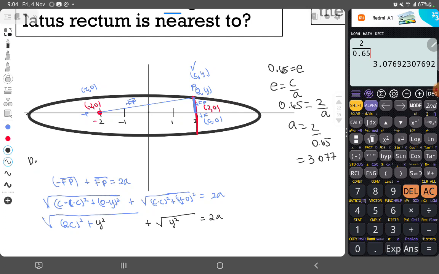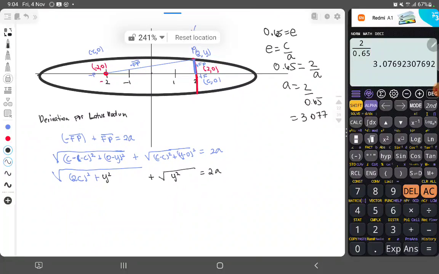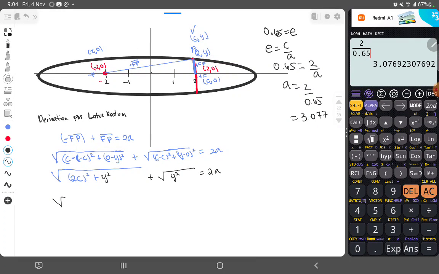So I will just do the derivation for latus rectum. Okay, so from this we can have square root of 4C square plus Y square is equal to square root of Y square is Y, and then I will transpose it to the other side, so 2A minus Y. Again, in order to eradicate the square root, I will just square this both sides.